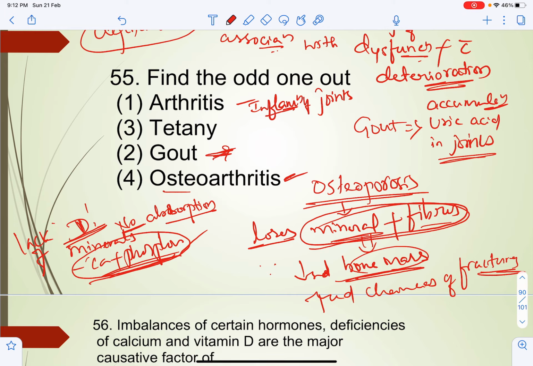Osteoarthritis, where in this condition at the joints, articular cartilage will be affected. So articular cartilage is affected. Rheumatoid arthritis, the synovial membrane will be affected. Osteoarthritis, articular cartilage affects.